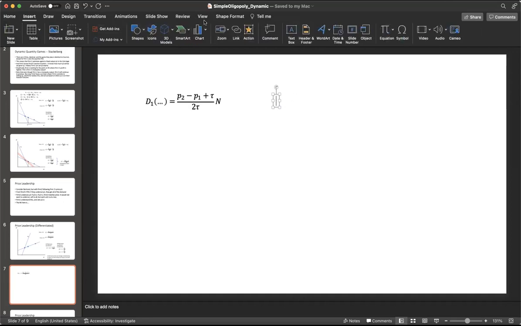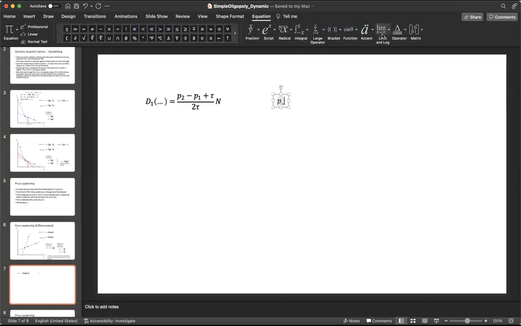Again, once you start using the equation editor, you don't want to go back. P2, which is a function of P1, is the fraction P1 plus C plus tau, divided by 2.